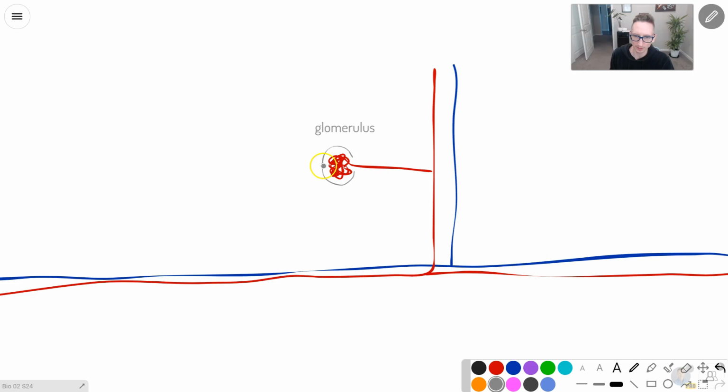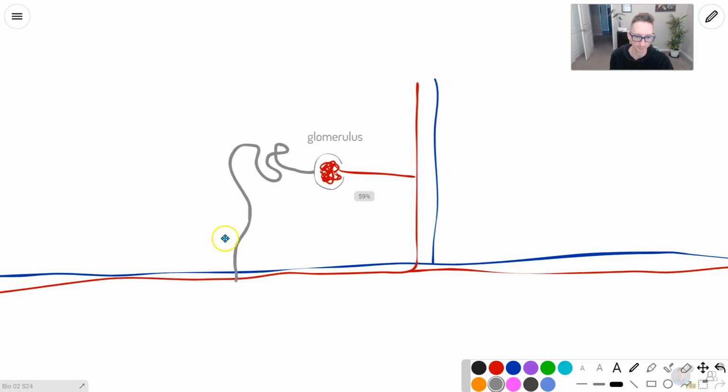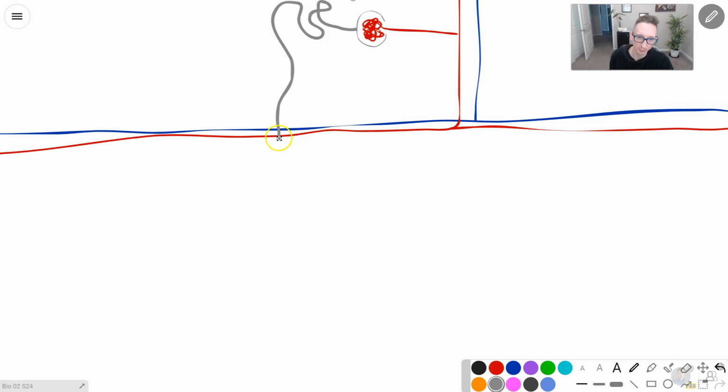Then coming up off of this, we've got the kidney tubule. And this boy kind of loops around. I'm not going to draw it too crazy, like so. And then it dips down into the medulla. Okay, and then it gets real thin. Dips down in the medulla, gets real thin, and then it gets thicker on the other side again. Okay, and then it loops all around. Again, I'm not drawing this as crazy as it kind of is.